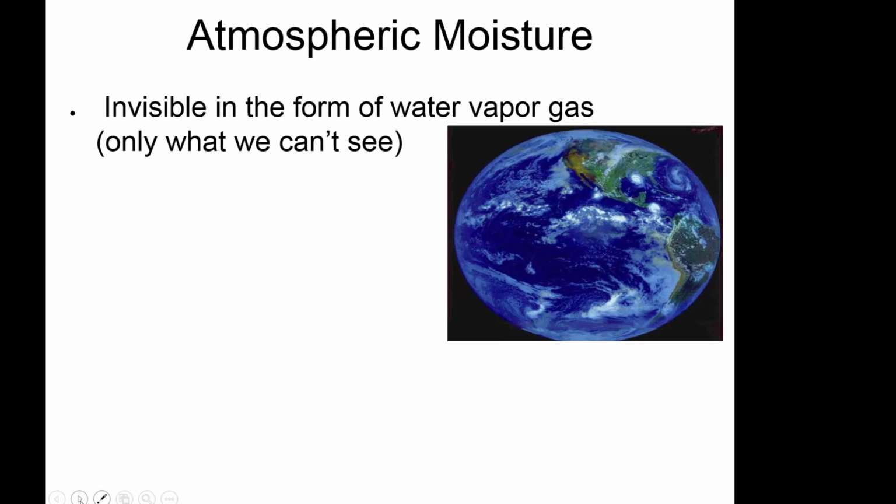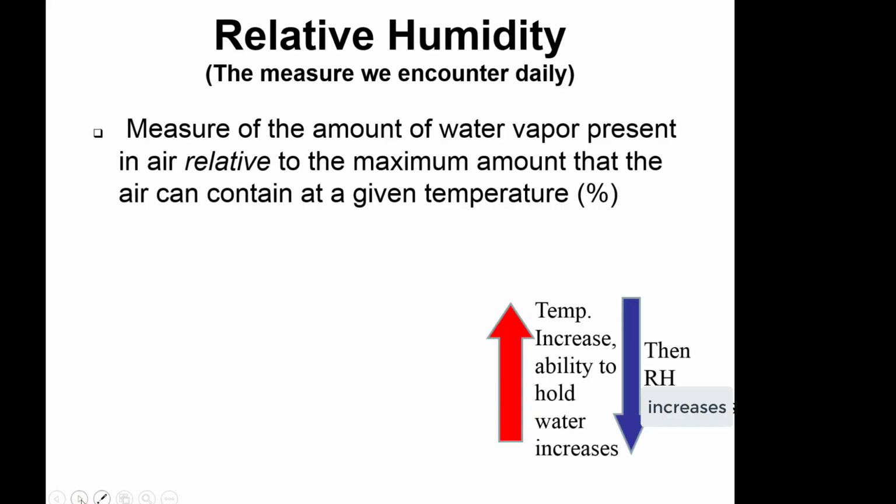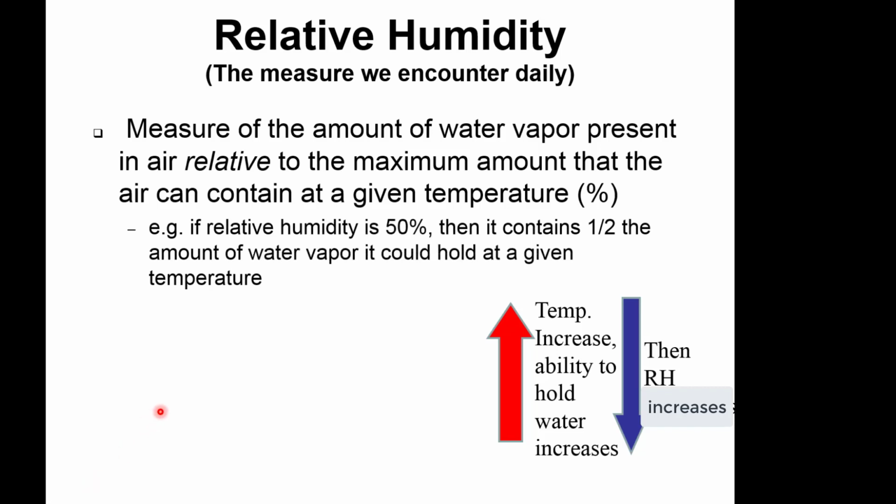So here we are. We're very concerned about atmospheric moisture because precipitation is our ultimate source of water, and water vapor is the ultimate source of precipitation. So where does it come from, and how is it that it can turn from a vapor to a liquid for us? And here's where the concept of relative humidity comes in. It turns out that warmer air can hold more water vapor than colder air.